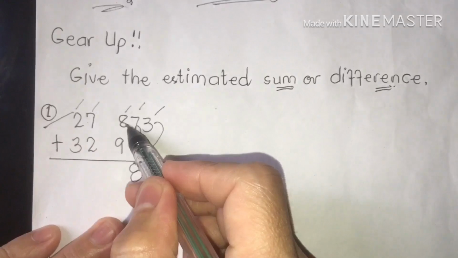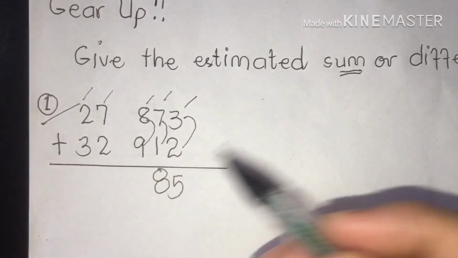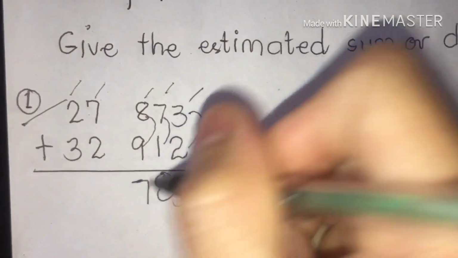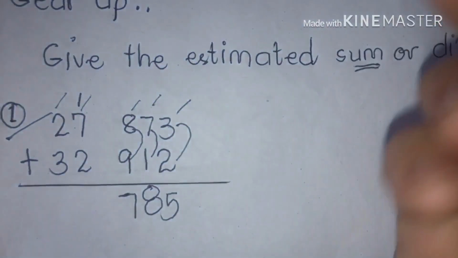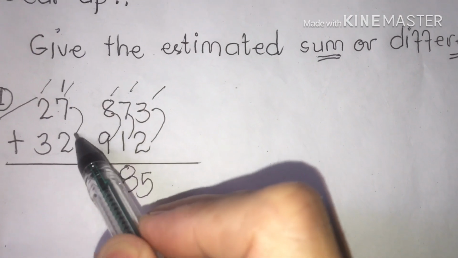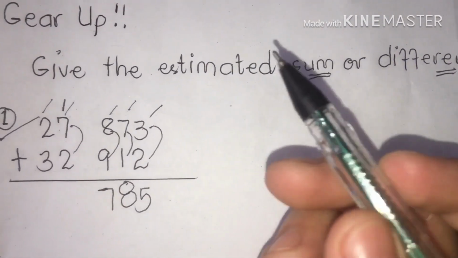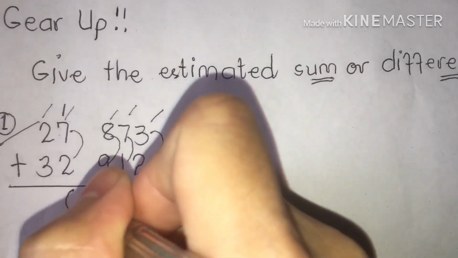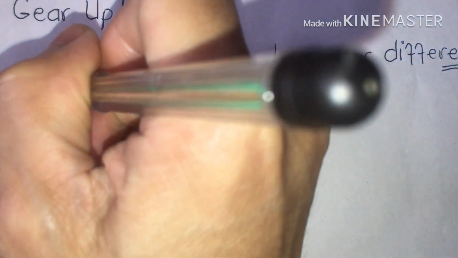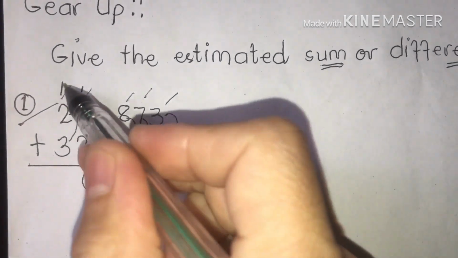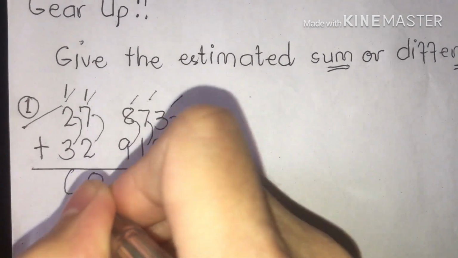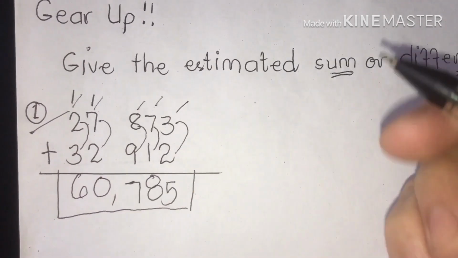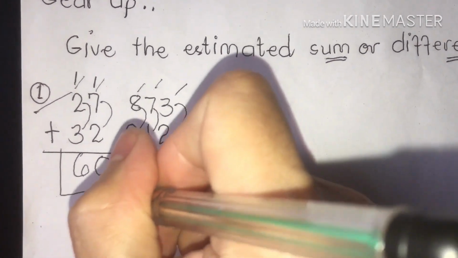Next 8 plus 9, so we regroup because 8 and 9 is 17. Then we add 7 and 2 in the thousands place, and then 2 plus 3 and 1. Our actual sum is 60,788.